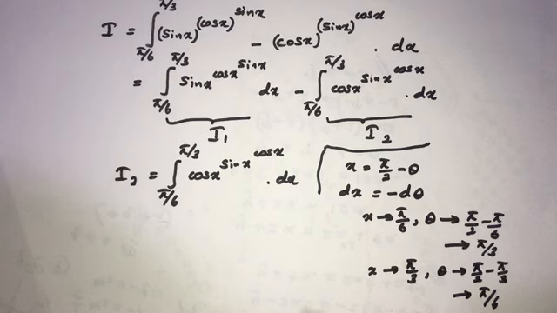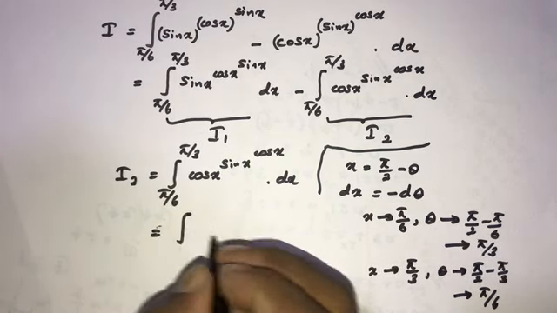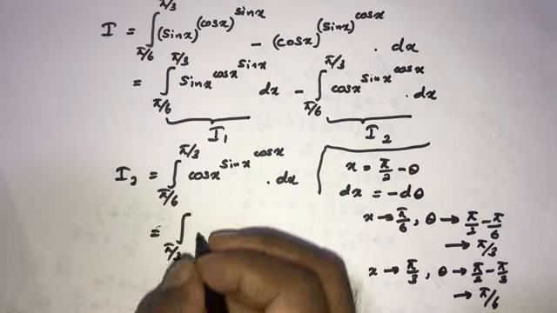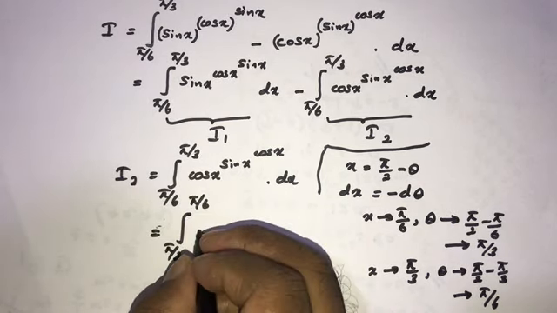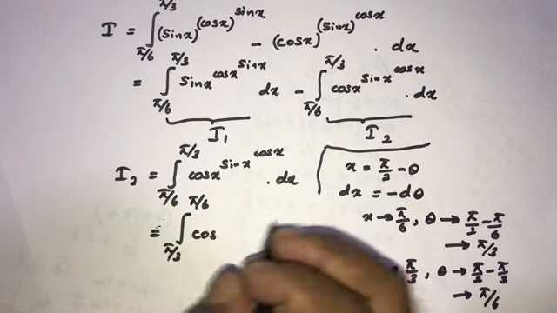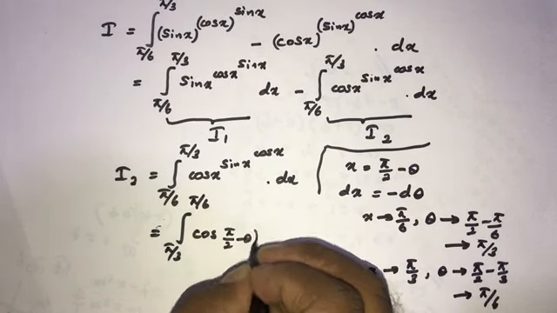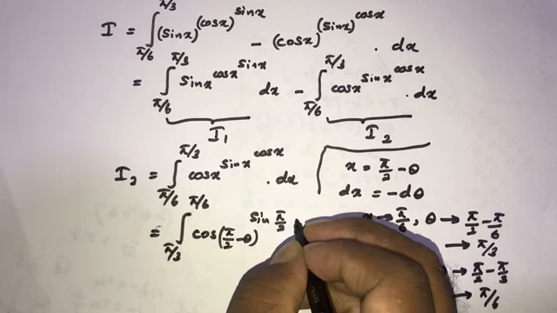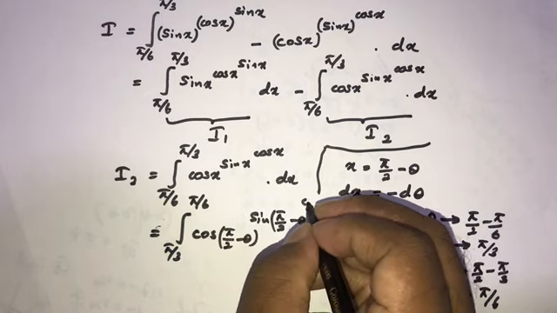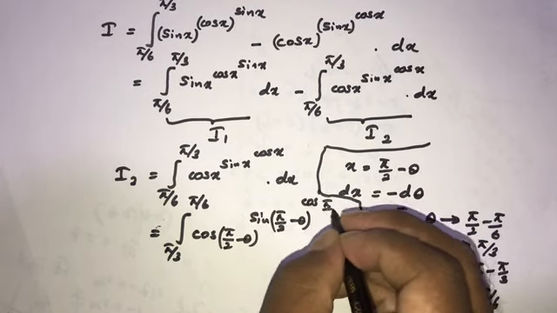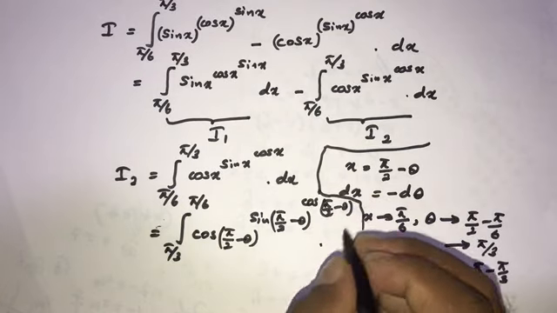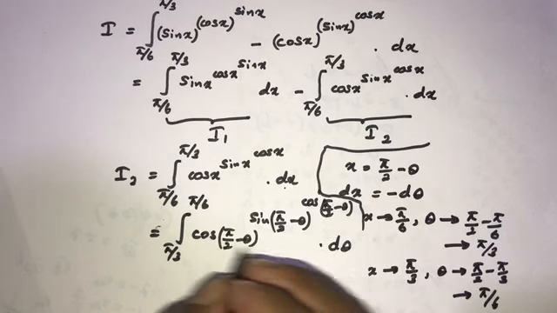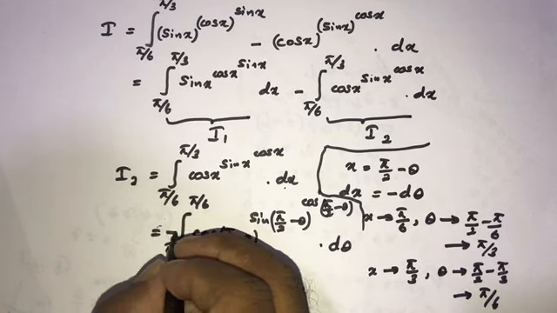Okay, now we can plug in. So now the limits change, so π/3 to π/6. Here cos of x, now x is equal to π/2 minus θ, so sin of π/2 minus θ, and cos of π/2 minus θ, and dx is equal to minus dθ. So dθ here has a minus.